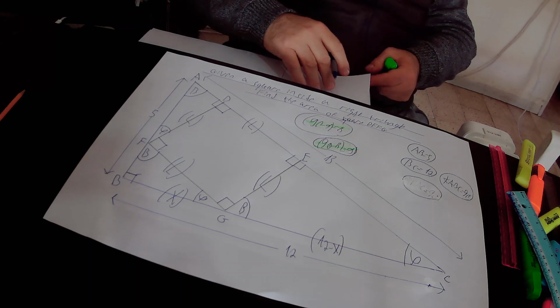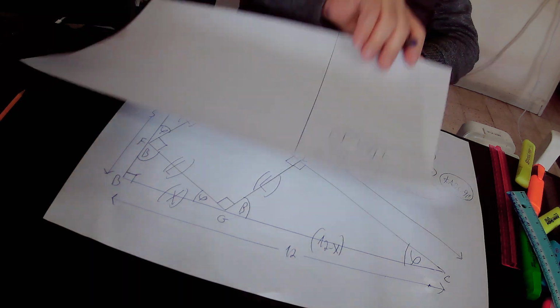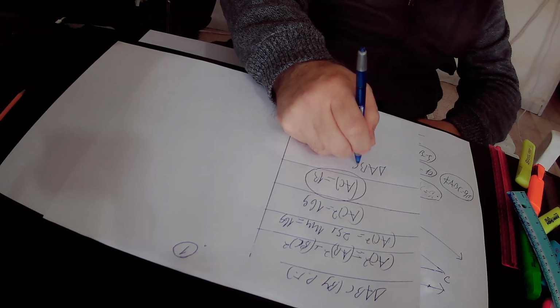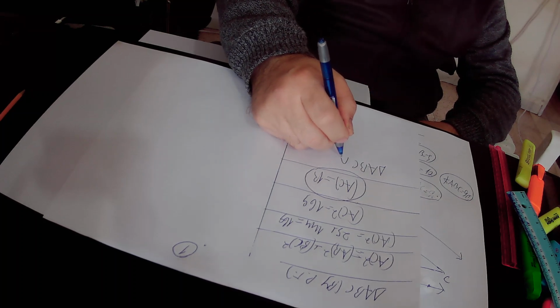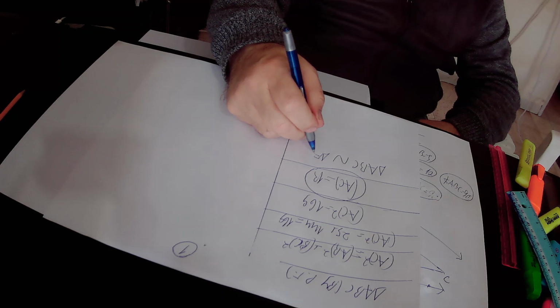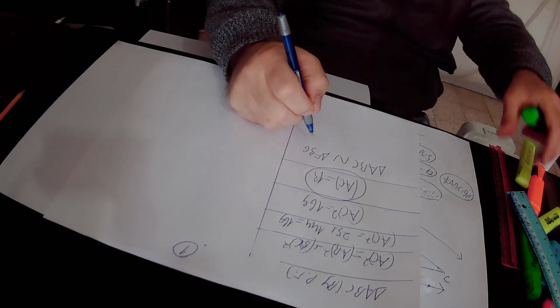So write it down. The big right triangle ABC is similar to the small right triangle FBG according to the angle similarity rule.